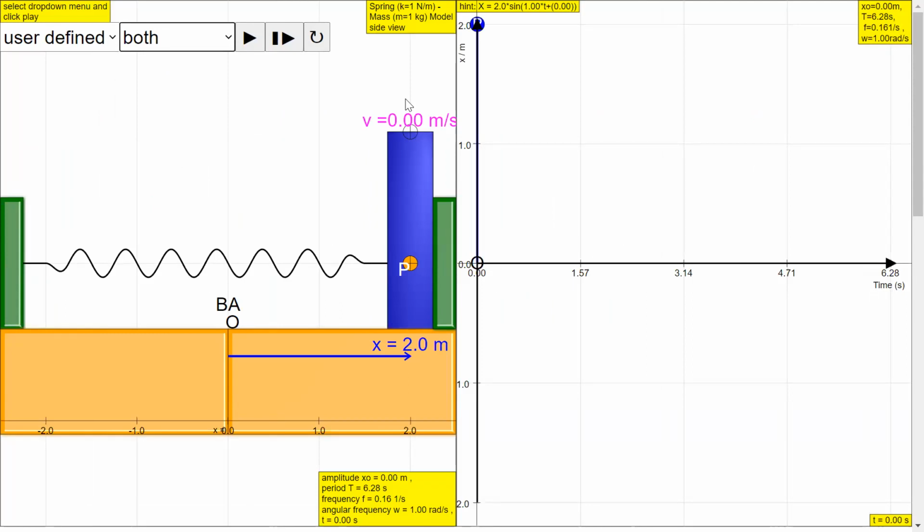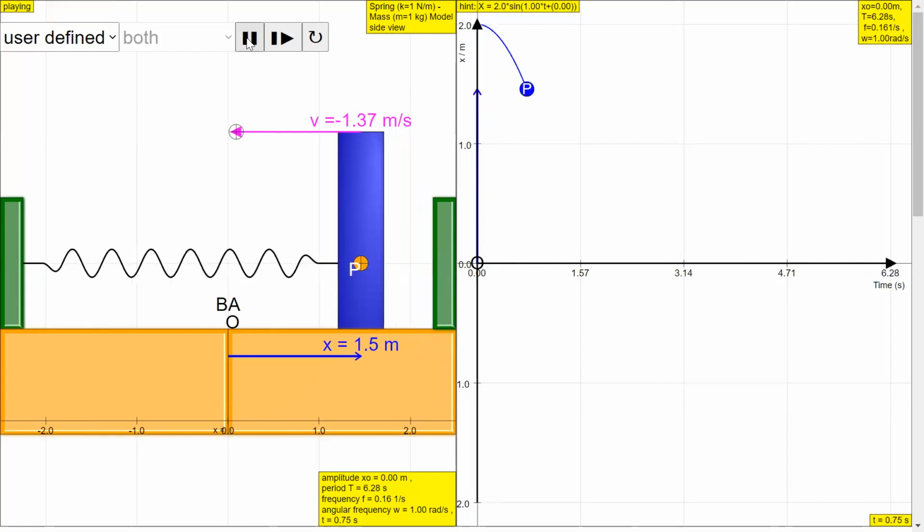This time, we will observe the graph of the position versus the time of our body. On the right side, we have the coordinate at position x at every second. So we're going to play.